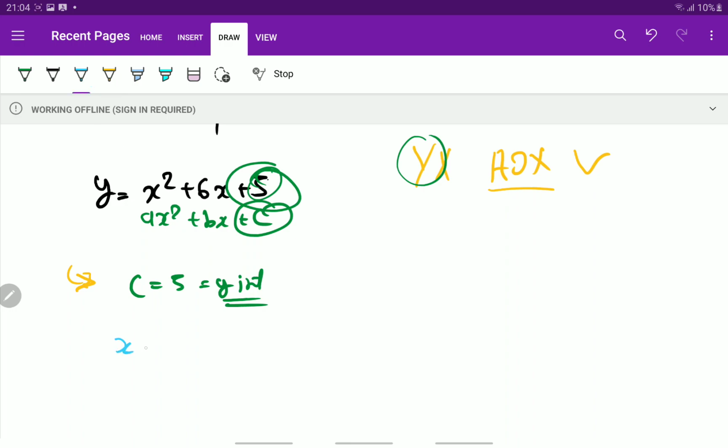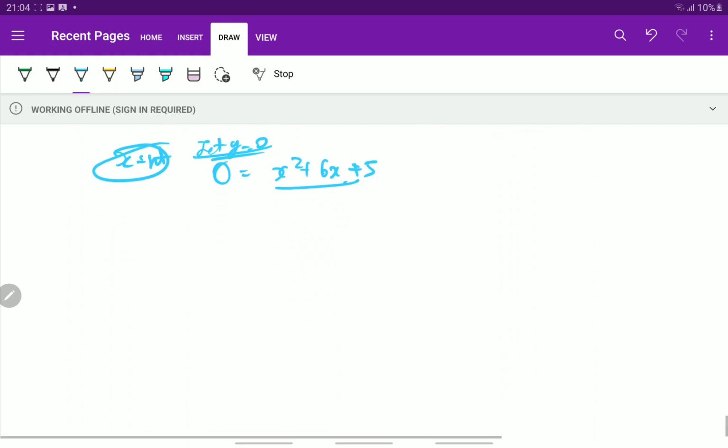Now what is the x-intercept then? X-intercepts are more tricky, so this is where you let y equal 0. So 0 is equal to x squared plus 6x plus 5. What you need to now think is, what are two numbers that multiply to 5 and add to 6?